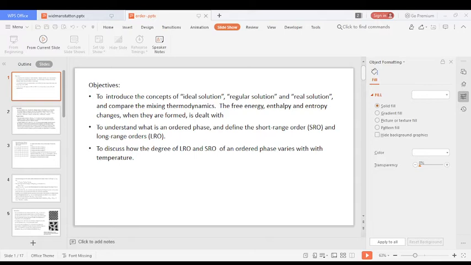Suppose we have two atoms with mole fractions Xa and Xb, then the probability of occupancy of any given lattice position by A atoms is Xa. Similarly, the probability of occupancy of the same position by B atoms is Xb. So this is what is known as a completely random solution.